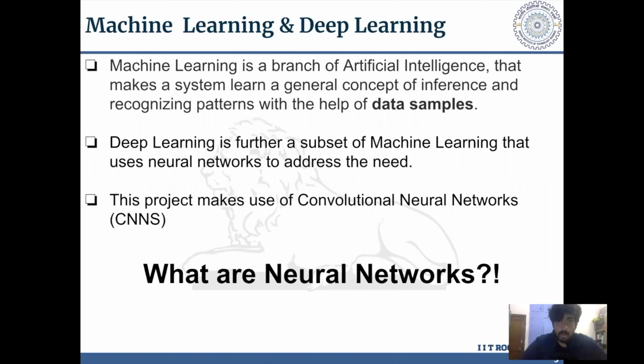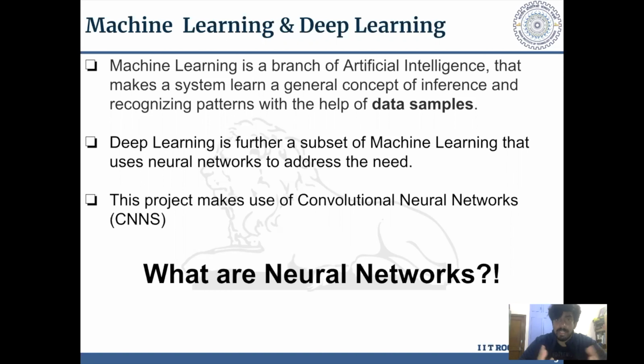So a bit of background on machine learning and deep learning. Machine learning is a branch of artificial intelligence that focuses on making machines understand how humans perceive and react to the surroundings, right? This industry tries to replicate the human way of getting an inference, recognizing patterns and making natural decisions. And this whole thing is fueled by the vast amount of data that is available in the world today.